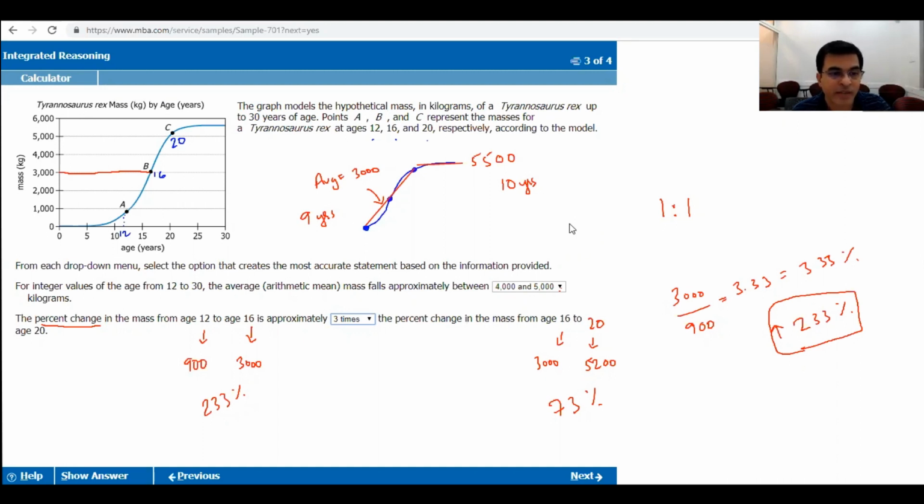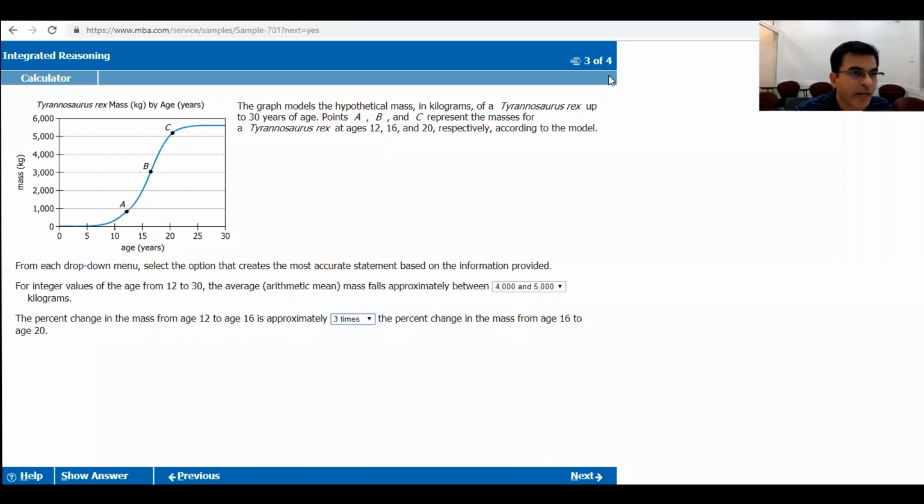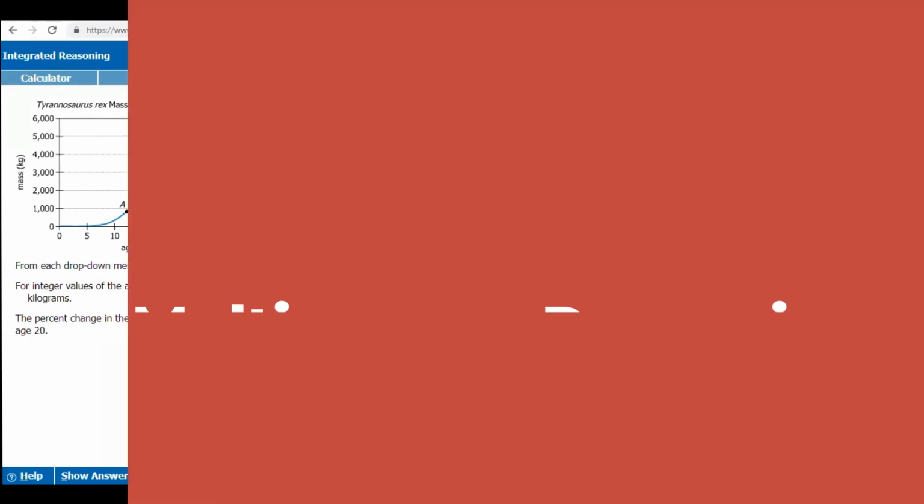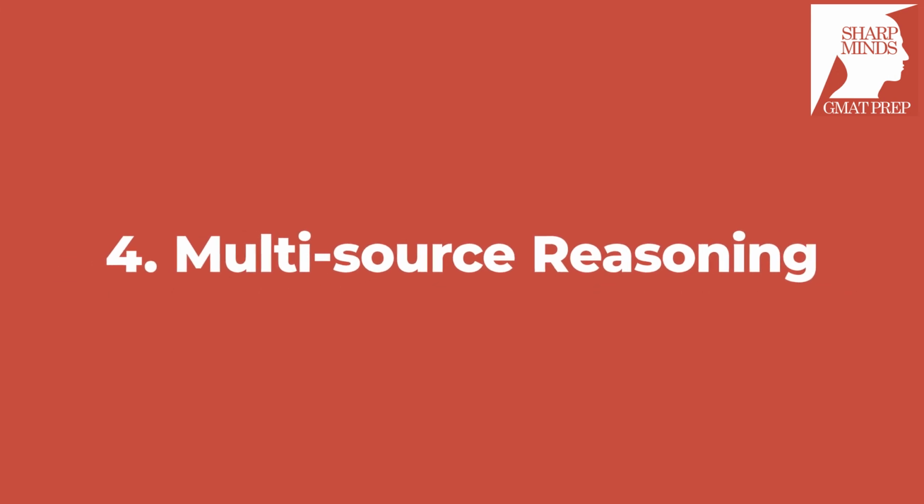If you just subtract these two numbers, it's 2100 divided by 900, which is almost divided by 1000. So getting roughly 210% or so was very easy, and the same thing you could have done for the second calculation, but it's okay, you have a calculator, you can make use of it on such calculations if you need to.